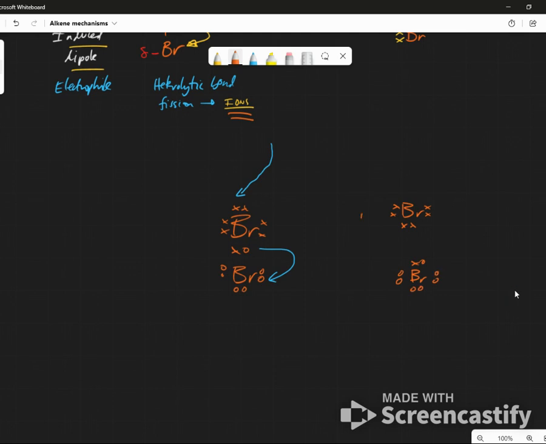So this one will be a positive ion, and this one will be a negative ion because it grabs the electrons of the original bond. Now this one, the top one, gets the electrons from the carbon. So that's what happens. But the bottom one becomes a Br minus.